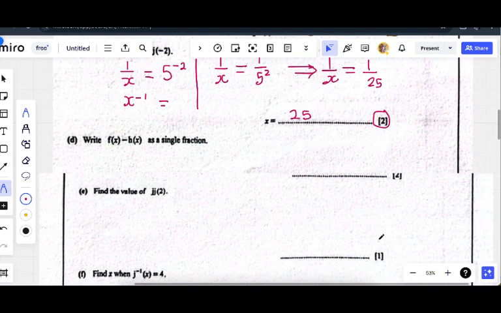The next one says, write f of x minus h of x as a single fraction. Now, we remember f of x is 2x minus 1. Then you now say minus, what's our h of x?